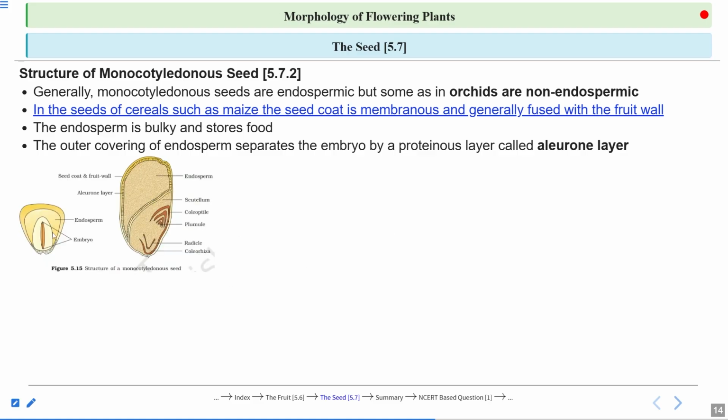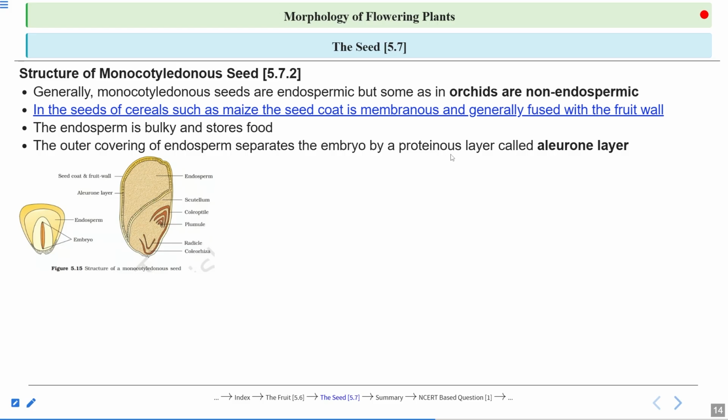Here you can see the endosperm and the embryo part. This is the endosperm and this is the fruit wall, so both are fused together. All around the endosperm there is a covering called the aleurone layer.